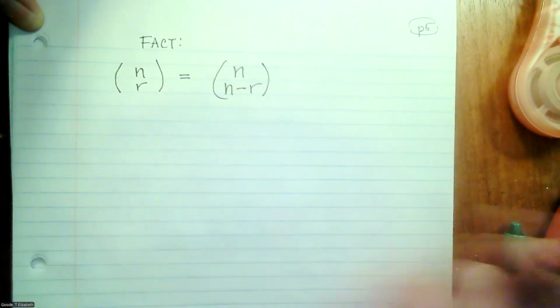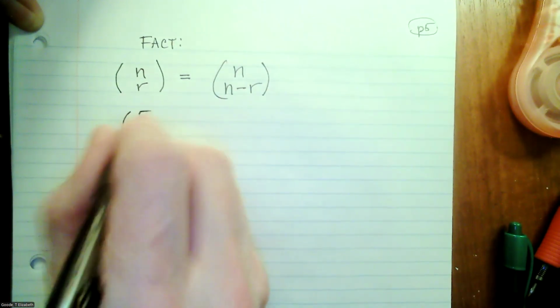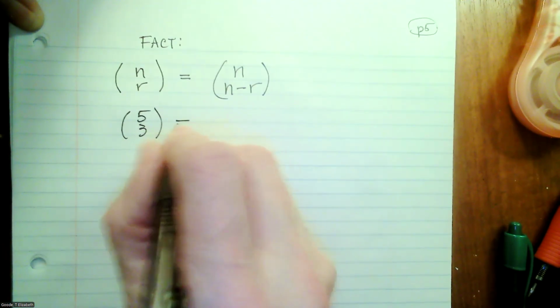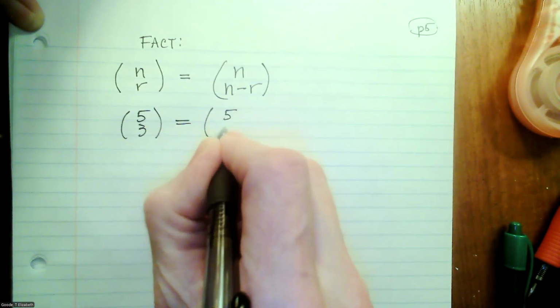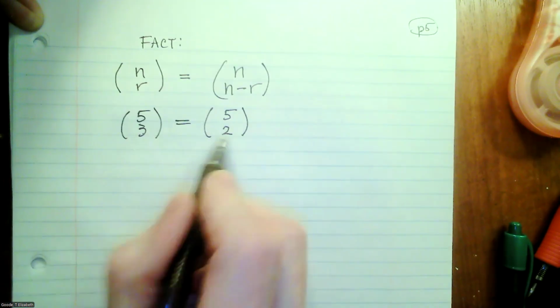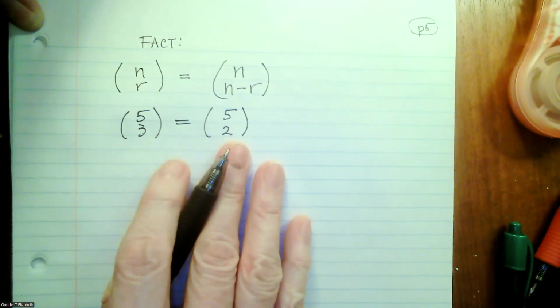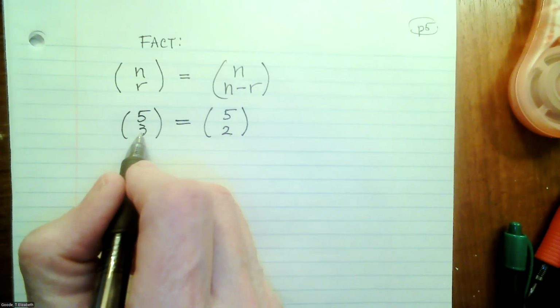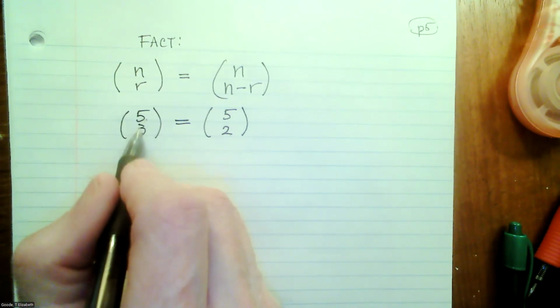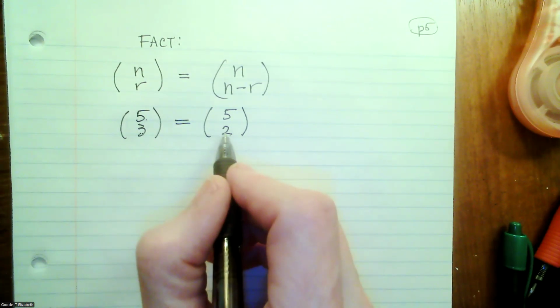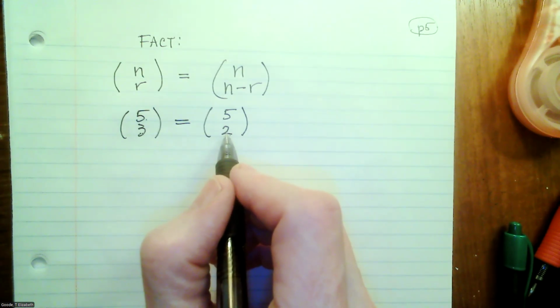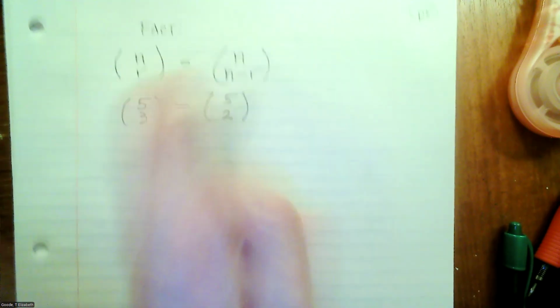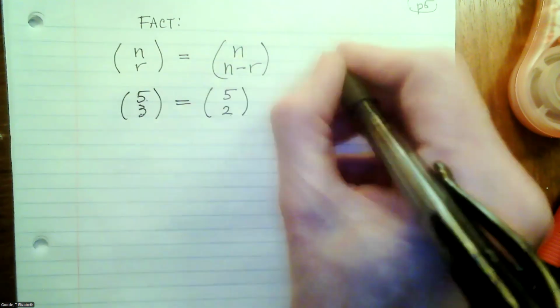All right, let's think about it with the 5 and the 3. 5 choose 3 is the same as 5 choose 2. The 3 and the 2 add up to 5. Why is that true? The reason that's true is because choosing 3 from the 5 is the same as choosing the 2 you are not going to choose.